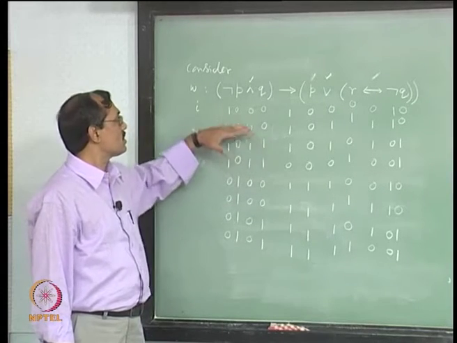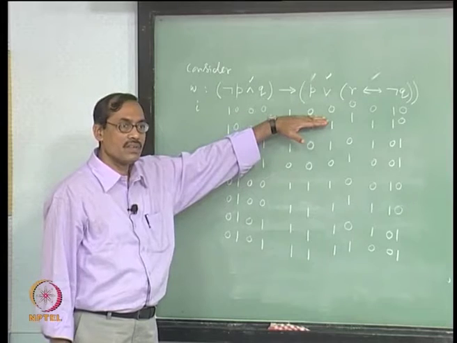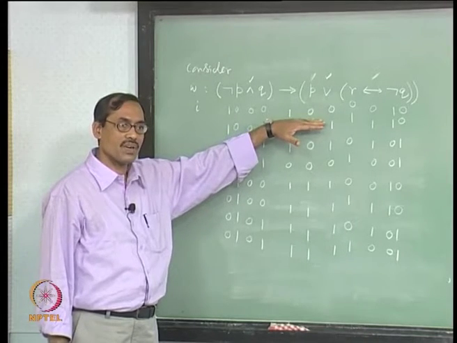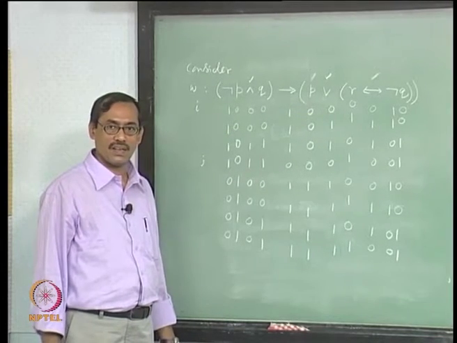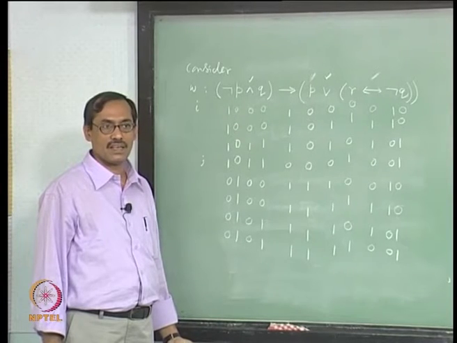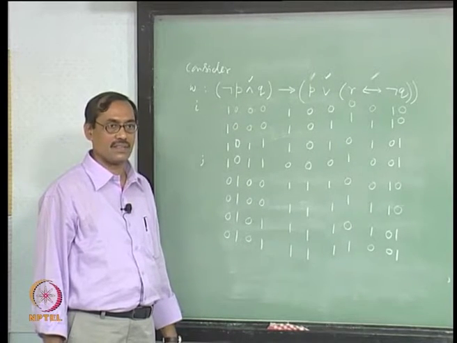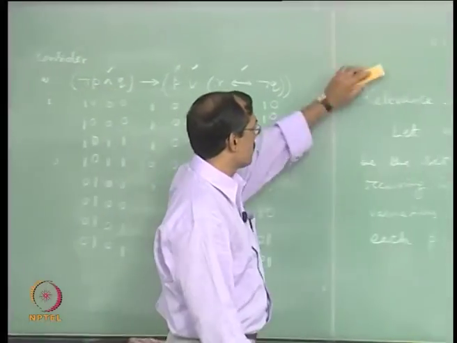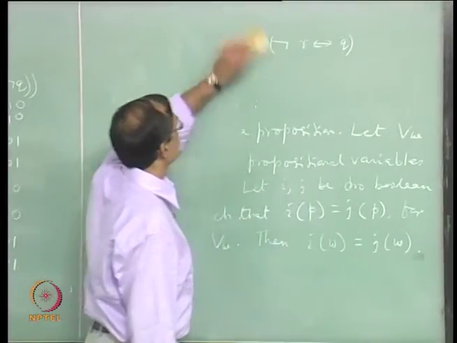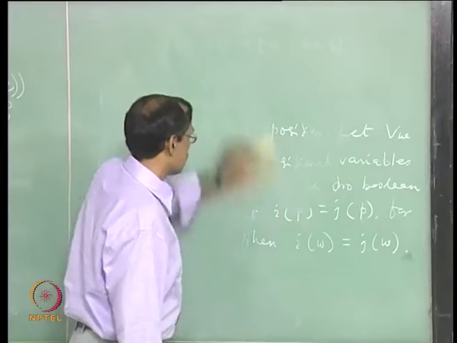So, what we say is I satisfies W, there exists one such I, therefore, W is satisfiable, it is satisfied under some interpretation, fine. So, we just give definitions which arise from this consideration.